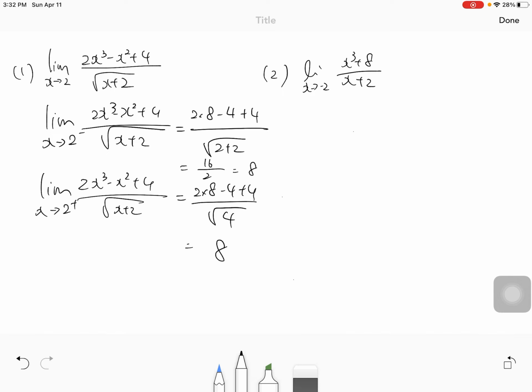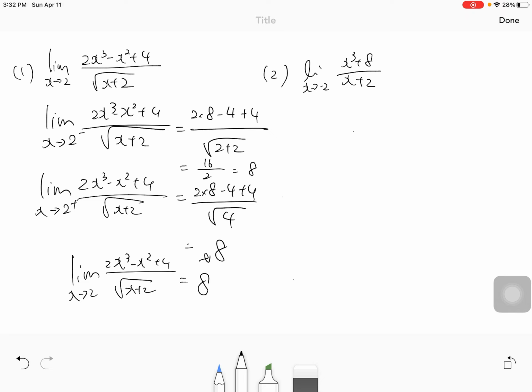And this one is 8 as well. So if the values correspond, the answer is going to be this number, which is 8.